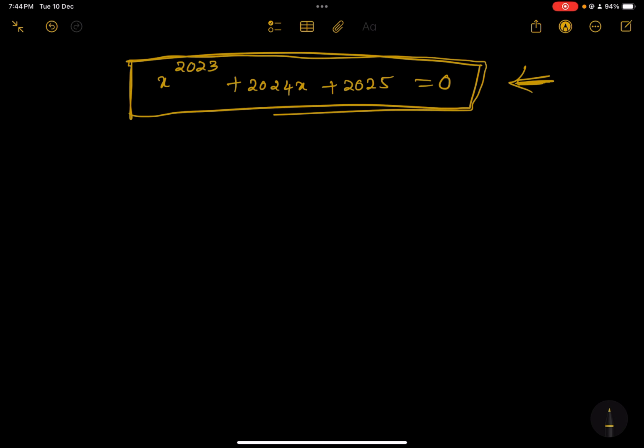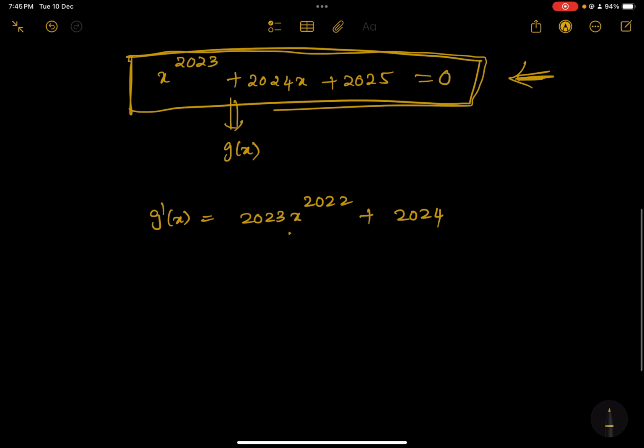Let us consider this function as g of x. Now let us find out g dash of x. So that will be 2023 x power 2022 plus 2024. All right. Now if you see, this quantity can be written as 2023 times x power 1011 whole square plus 2024.